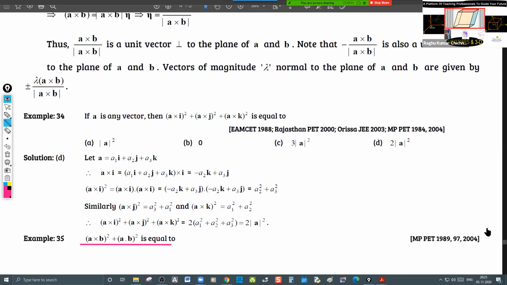Kaushik, just write the Lagrange's identity and rearrange it to get the answer for that one.